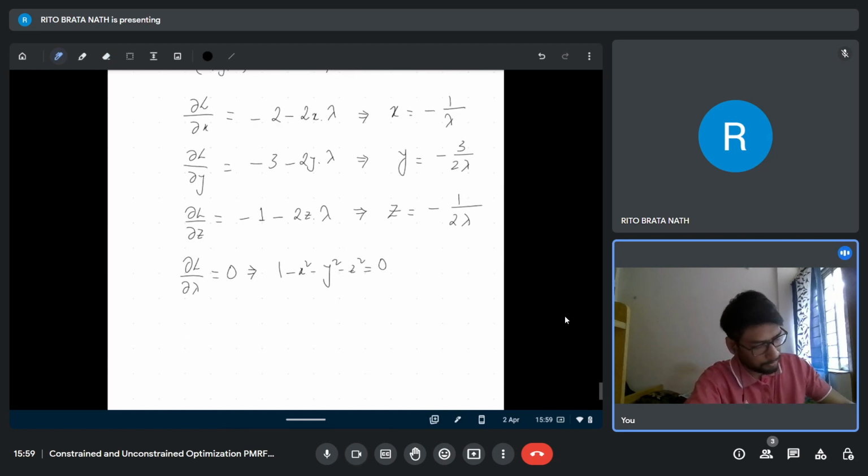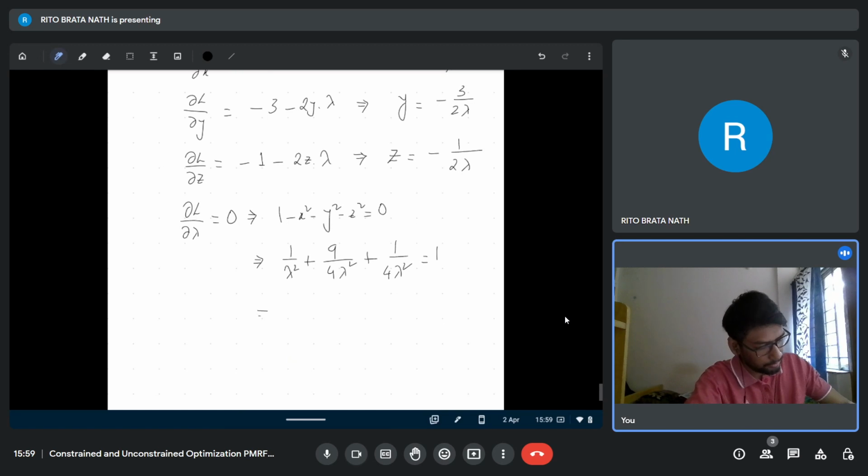You can put these values in now. So it's 1 by lambda squared plus 9 by 4 lambda squared plus 1 by 4 lambda squared equals 1. Multiply this by 4, so 4 lambda squared equals 14. Lambda squared equals 7 by 2.